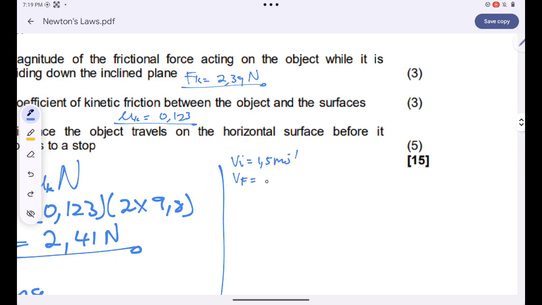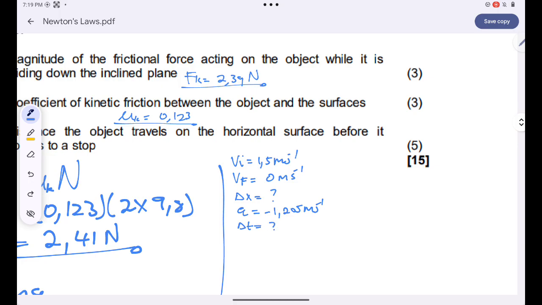Final velocity, the object will eventually come to a stop. I don't know the distance it traveled. I know the acceleration is negative 1.205 meters per second squared. I don't know the time it will take for the object to come to a stop.